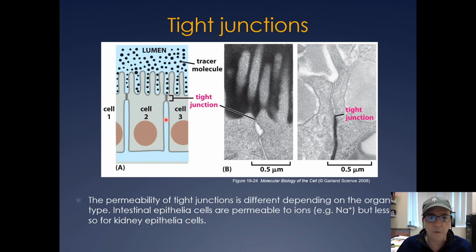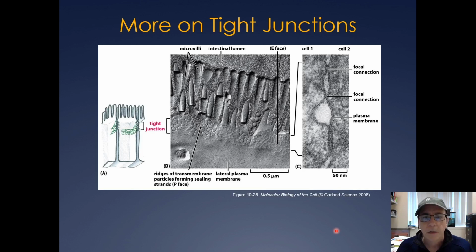And in the case of the kidneys, it's less so for the permeability to ions, right? And that allows us to filter out all of the salts out of our bloodstream that we don't want. So here's just a freeze fracture EM of the tight junctions. You can see how they're connected here, and here's just another EM where you have all of the contacts between these tight junctions.